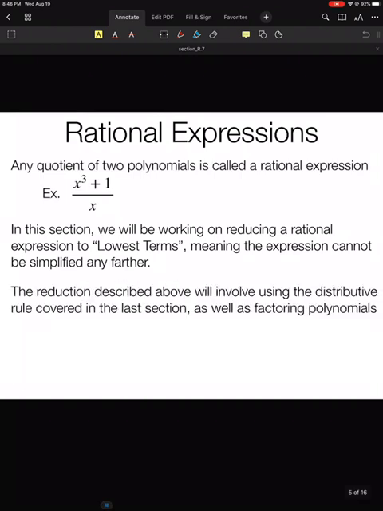The reduction described above, the lowest terms, is going to involve a lot of us using the distributive property that we talked about in section R.1, as well as some factoring of polynomials. Now, we haven't talked about factoring polynomials before, and in fact we'll go a little bit more in depth later on in the course, but I know that you can do it.